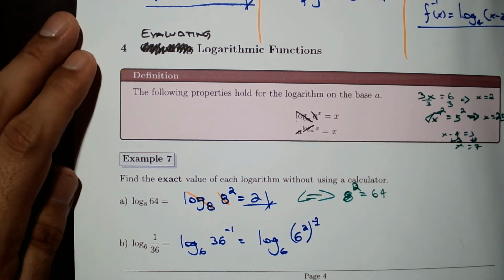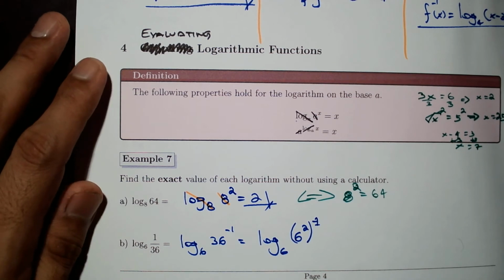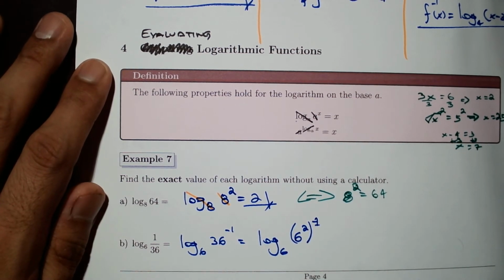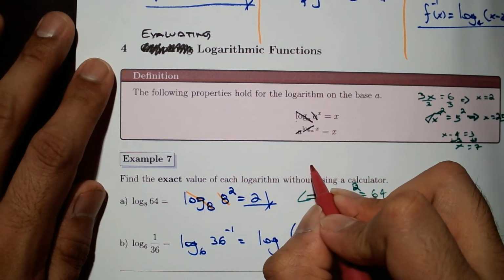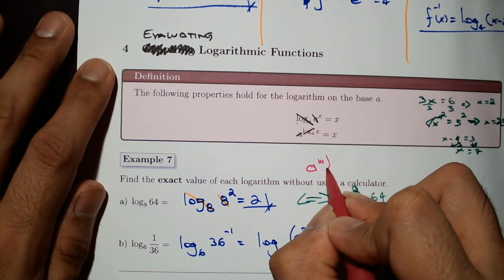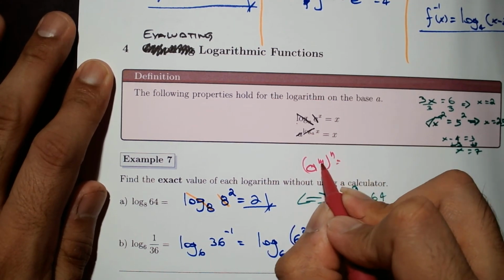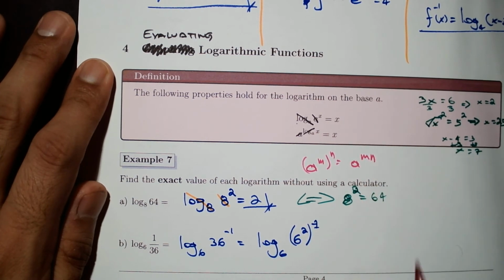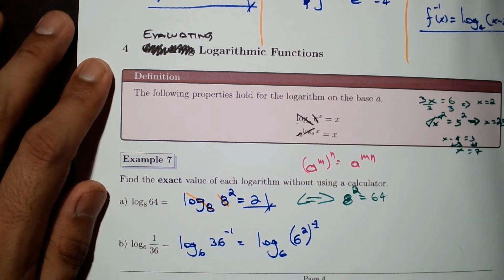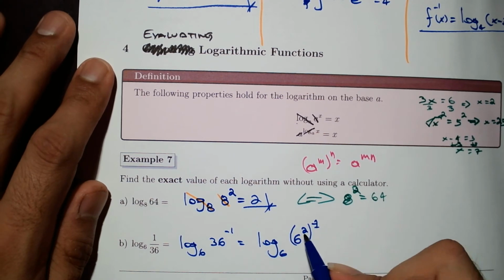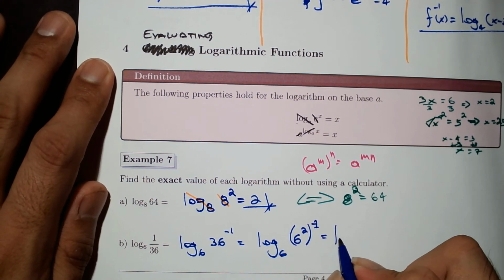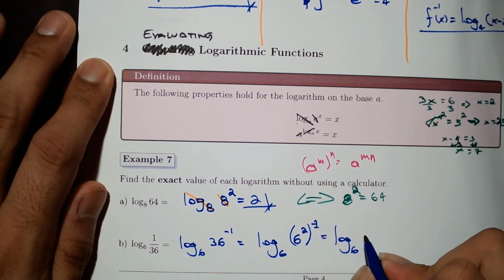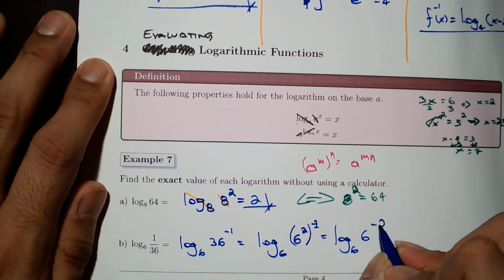All right? Now, by the multiplication property of exponents, that is, when we have a to the m to the n, these two powers multiply each other. That is, a to the mn. We're going to do this in this case. We're going to multiply 2 times negative 1, which is negative 2.